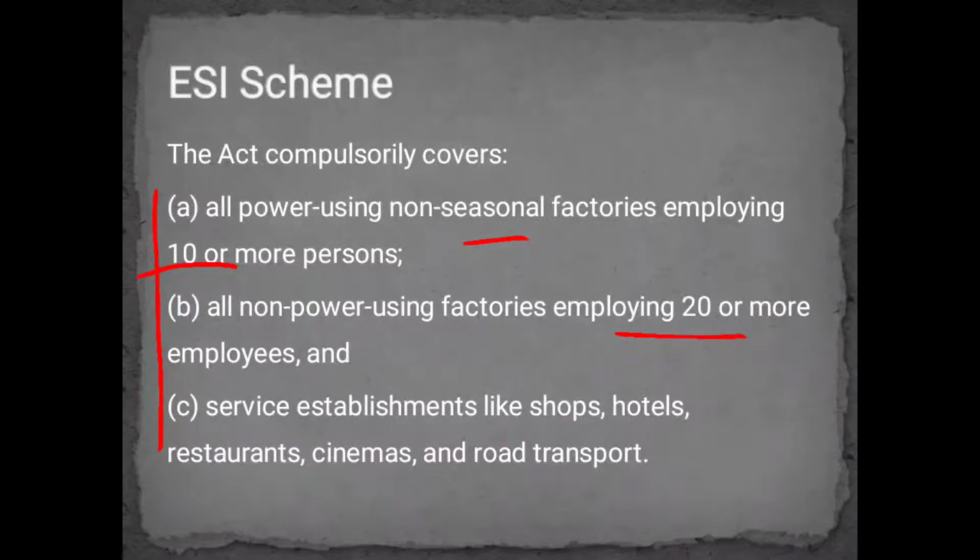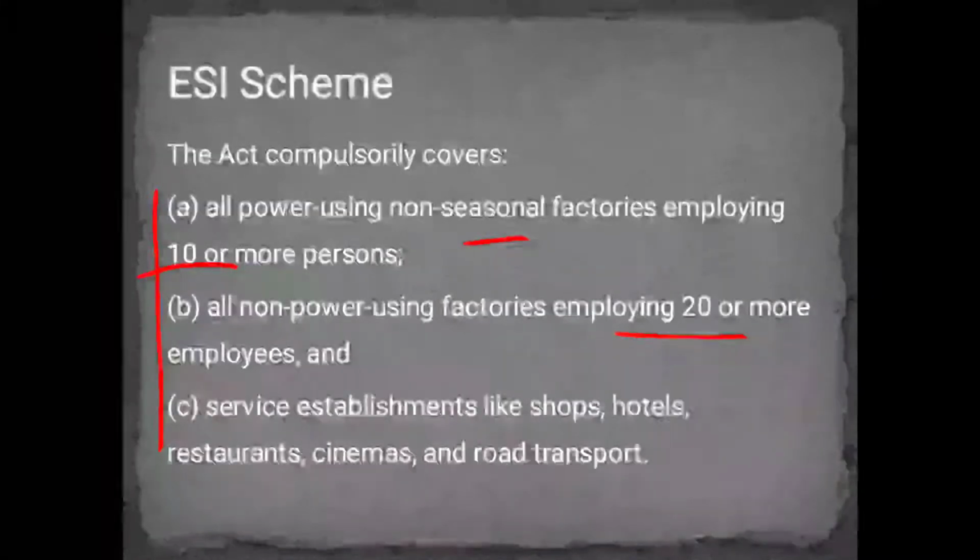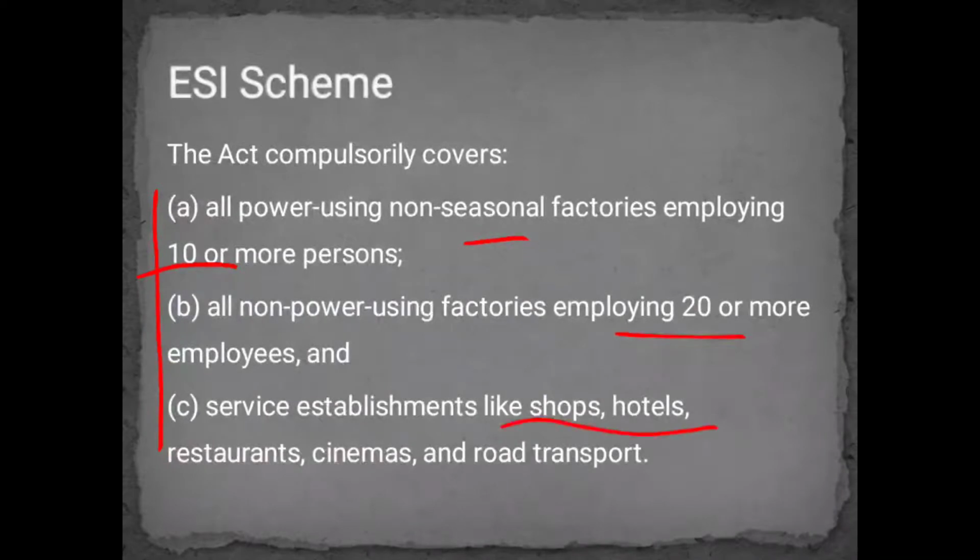Then service establishments like shops, hotels, restaurants, cinemas, road transport, everything comes in this ESI scheme. Even the construction workers. If a restaurant has more than 10 people, then they have to go for the ESI. Then the shops, whichever have more than 10 employees, and cinema centers also, if the number of employees is more than 10, then they have to go for the ESI scheme.